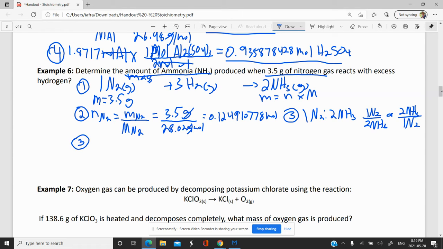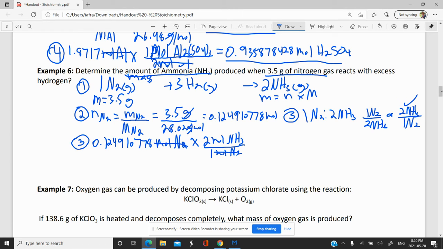So step 3, we're going to take our 0.124910778 moles of N2, and we're going to multiply it by the conversion factor that gets rid of N2, which would be this one over here, because N2 is at the bottom. So 2 moles of NH3 over 1 mole of N2.